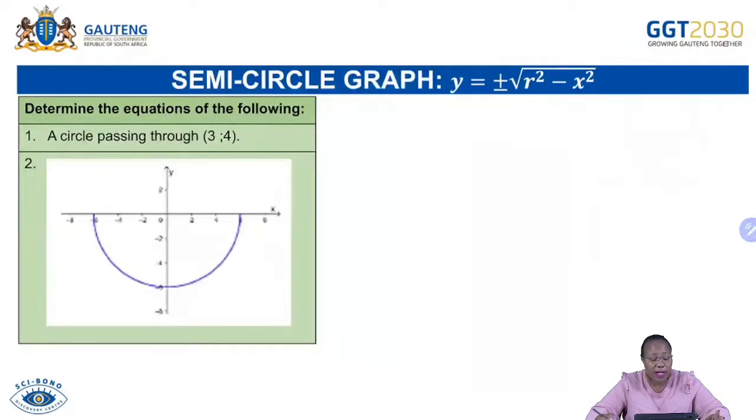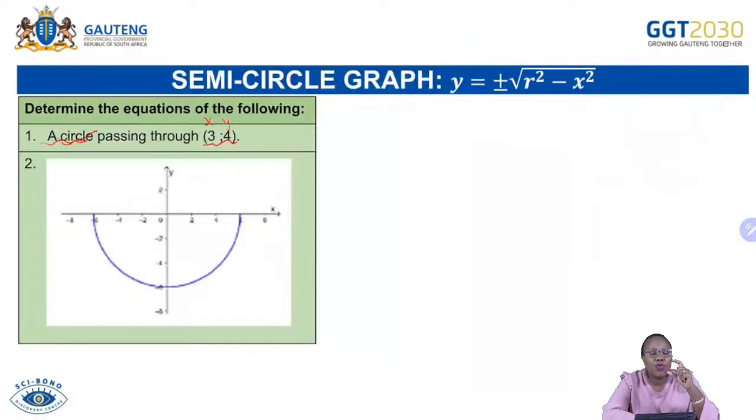And with the semicircle, we are now determining the equation. You can determine the equation of either a full circle or a semicircle. In this case, they say determine the equation of the following: a circle passing through 3 and 4. The minute they say a circle, that means it's a full circle curvature. And then we are given the x and y values in coordinate form.